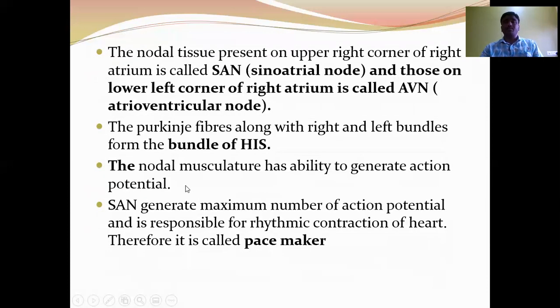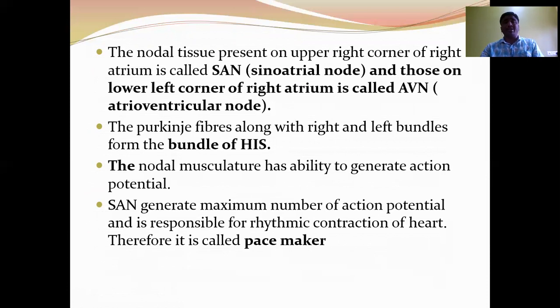Next, about nodal tissue. The nodal tissue present on the upper right corner of the right atrium is called sinoatrial node.